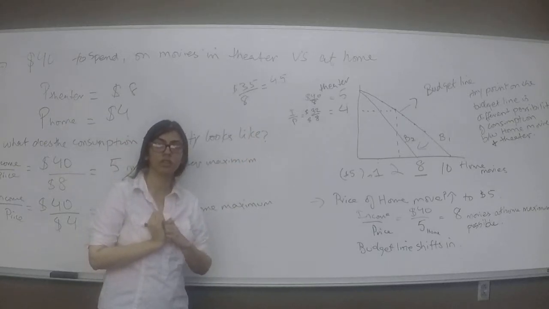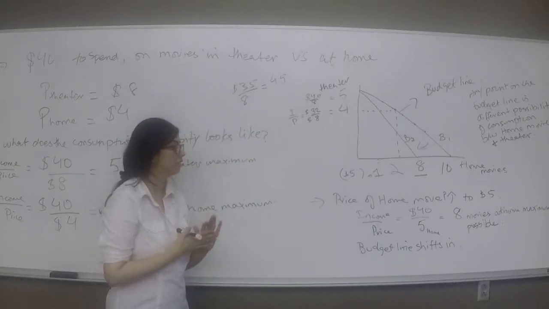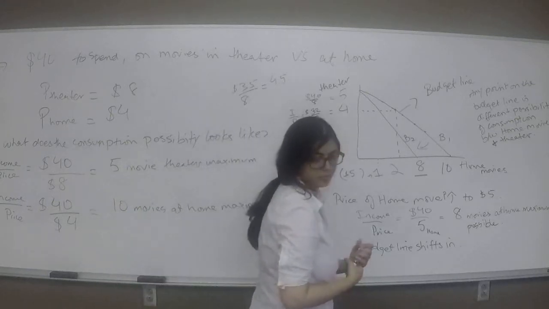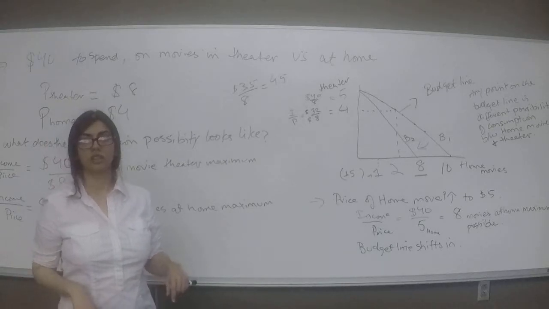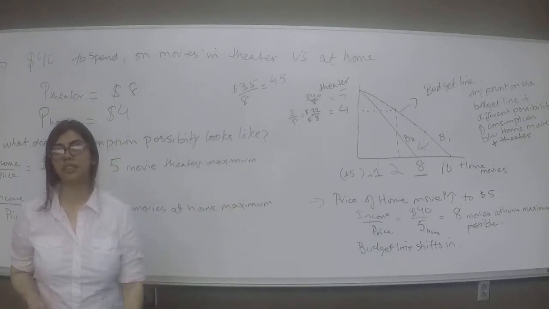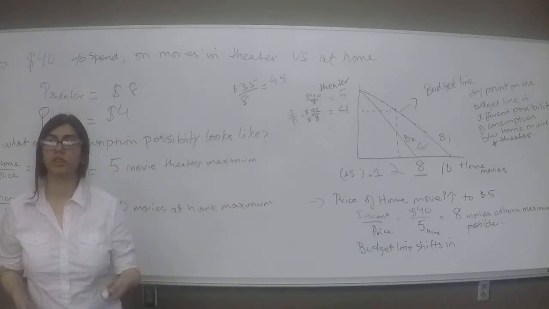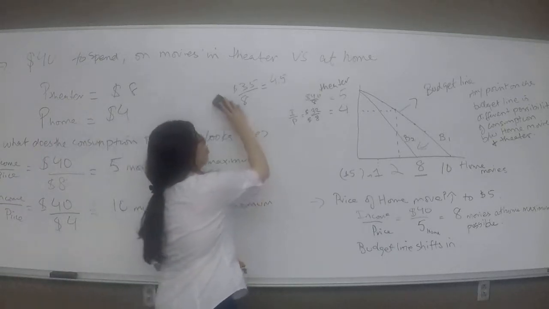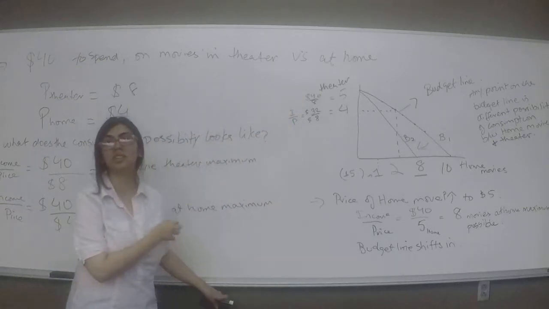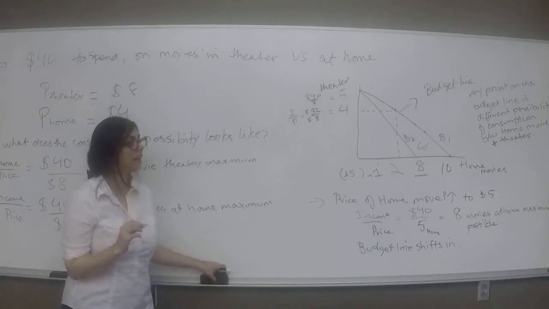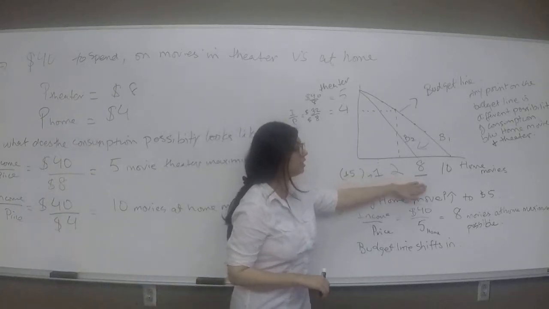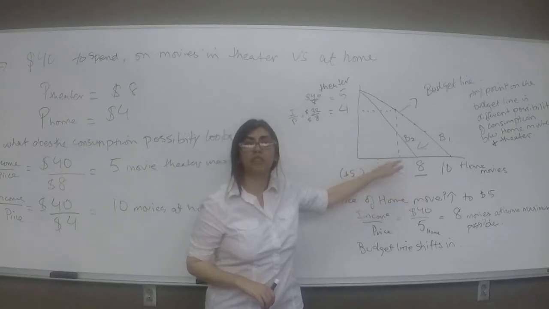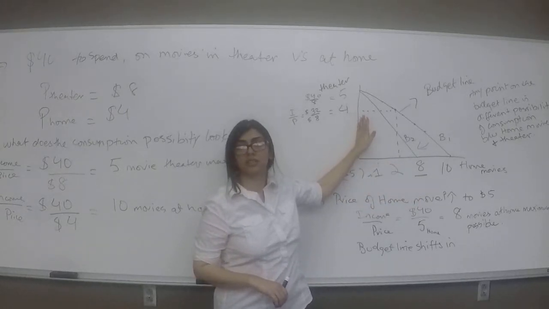Does that answer your question? Kind of. It's the decimal on the theater, because you can't really have a decimal on it. I know, but these are just arbitrary numbers we're assigning. The point here is that if you're doing one activity, you have less money to do the other activity.